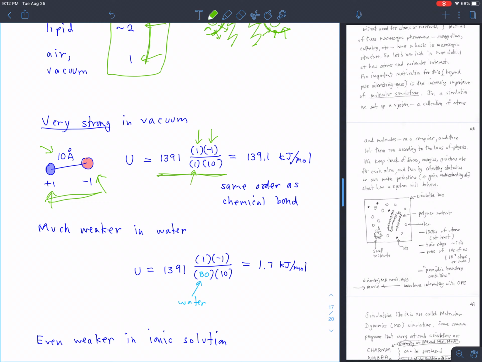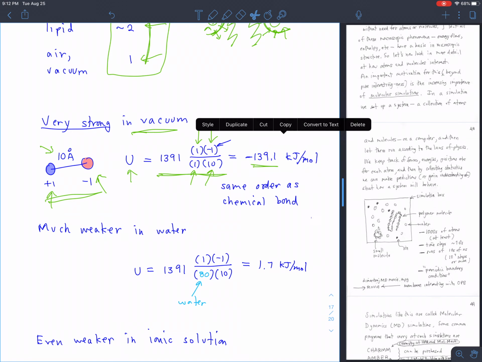The dielectric constant is 1 if we're in vacuum. And the distance Rij is 10, and that gives you an energy of interaction between these two, a favorable energy of interaction. Actually, I forgot something here. There should be a minus sign there, right, from that minus sign. A negative number, and therefore a favorable energy of interaction, which is on the same order as a chemical bond. It's almost as strong.